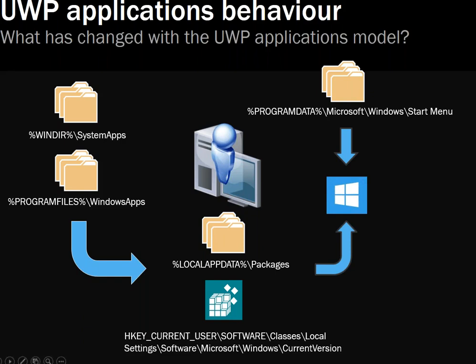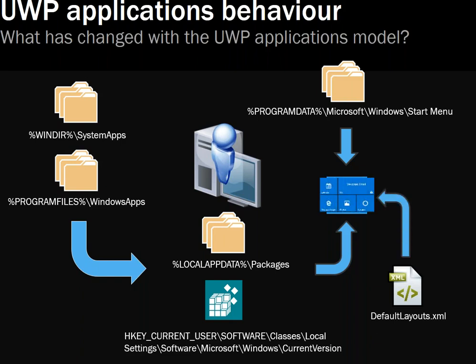And just to confuse yourself even further, the actual tiles part, the right-hand side of the Windows Start menu, is controlled by a completely separate bit. In the default user profile, there is an XML file called DefaultLayouts.xml, which contains all of the default tiles that are then put onto the user's Windows 10 Start menu on the right-hand side.